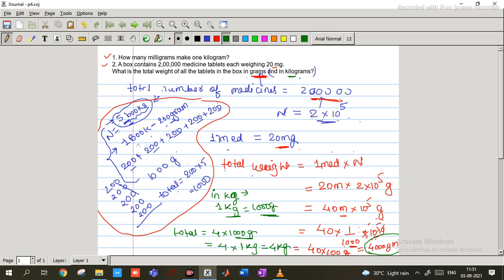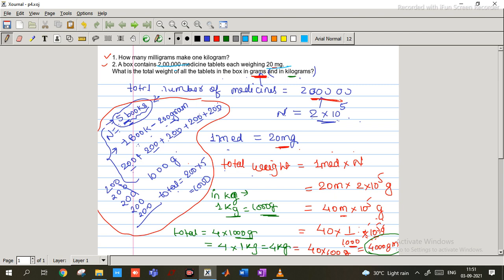Okay, I hope you got it. Let's revise it once again. What we have done so far, I have told that the total number of medicines he has given is 2 lakh and the weight of each medicine is 20 milligram. So the weight of the whole box will be 2 into 10 raised to 5 into 20 milligram, right?